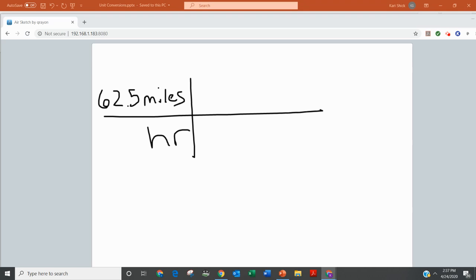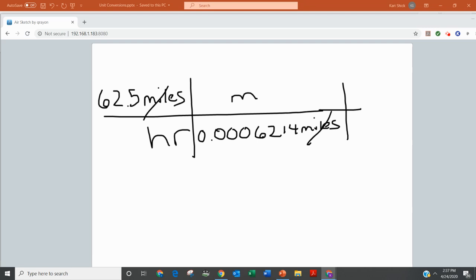And using the same conversion factor that we just finished using, we've got 0.0006214 miles per meter. And we can cancel our miles. And we also know that there are 1,000 meters in a kilometer.